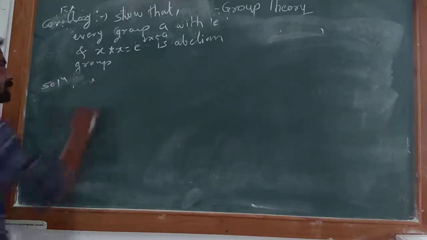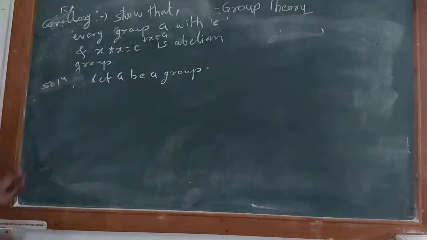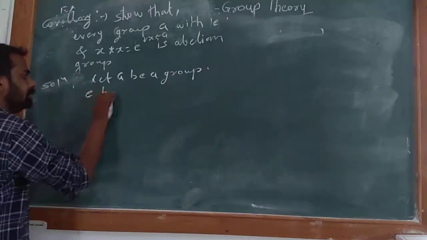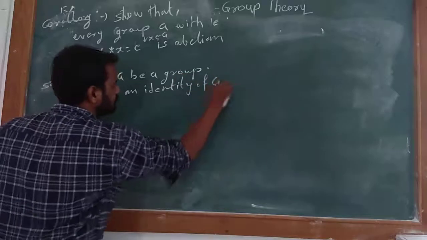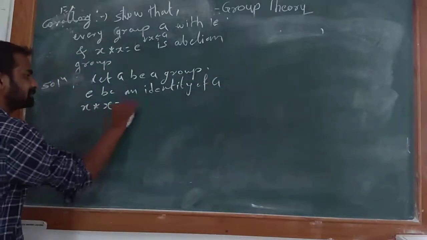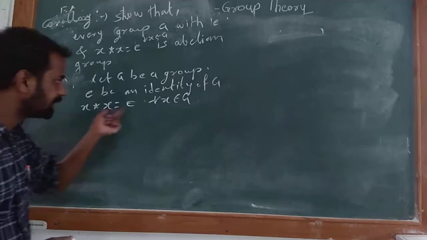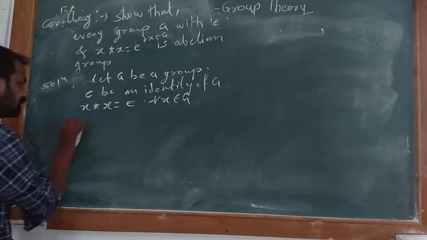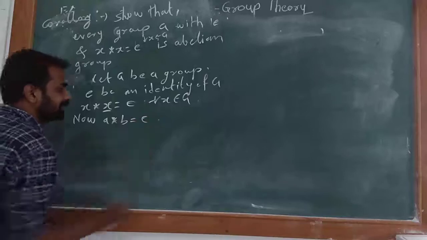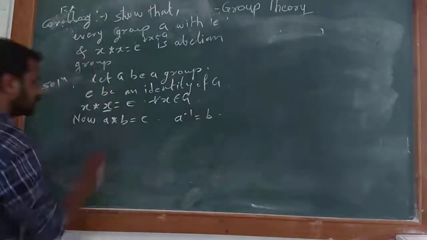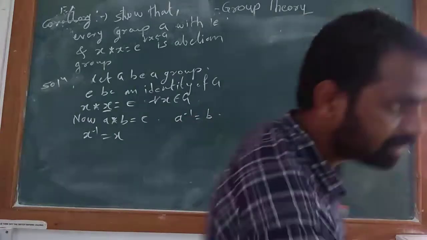To solve this example, let G be a group and E be an identity of G with x star x is identity for all x belongs to G. Now we see that if A star B is equal to identity, then A inverse is equal to B. So here x inverse is also x.